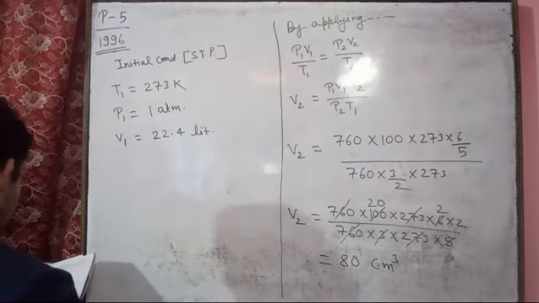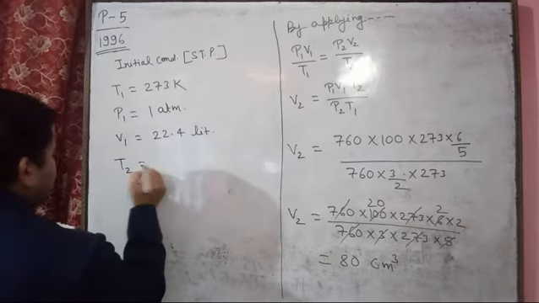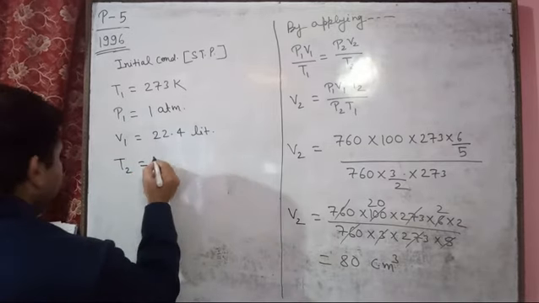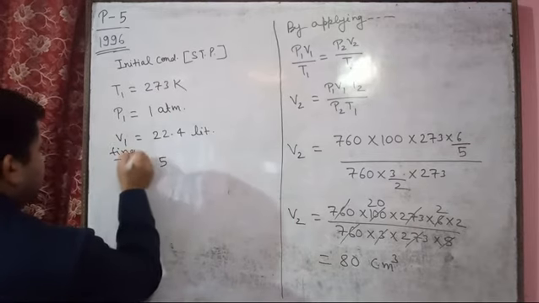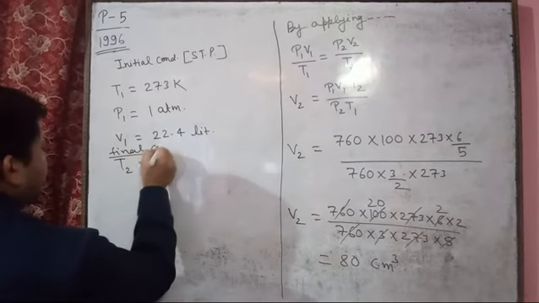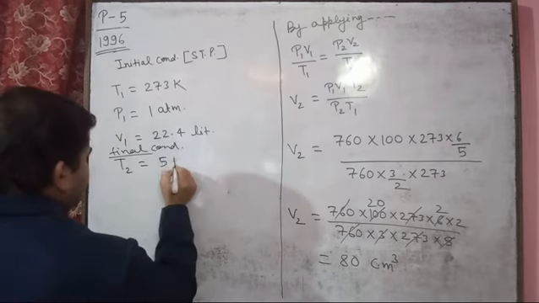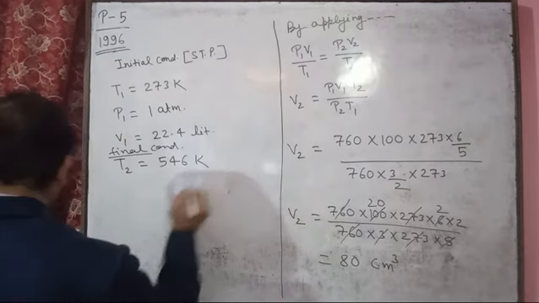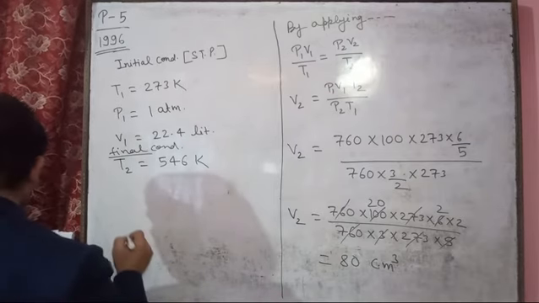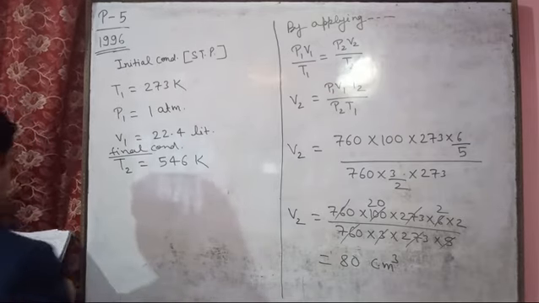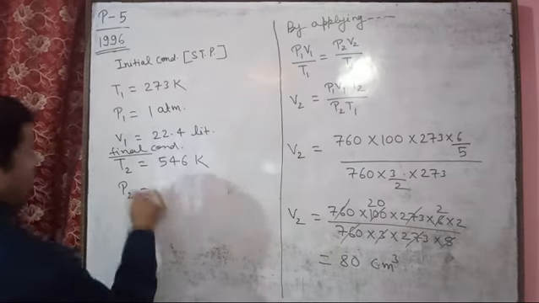After this, the final values we will write here. The final temperature T2 is given as 546 Kelvin. So this is the final condition. And the pressure of 1 mole of a gas at STP is doubled, so P2 is double the initial.